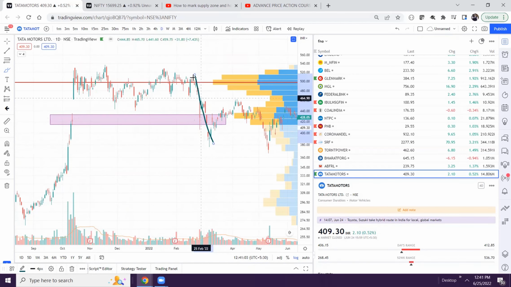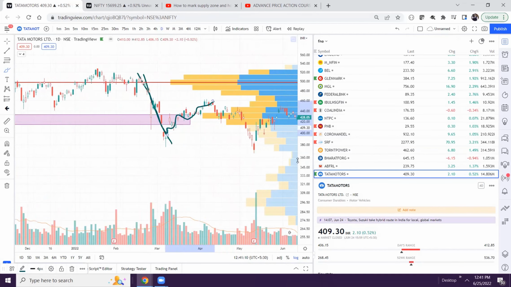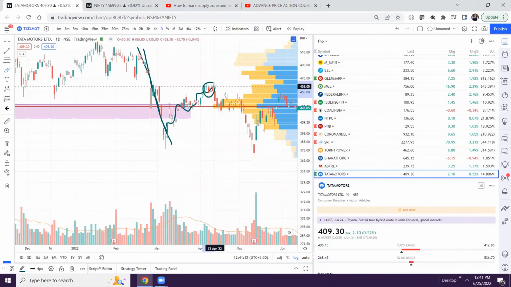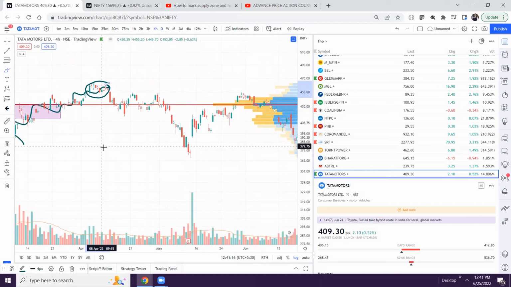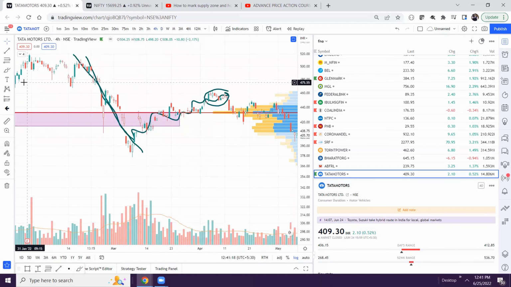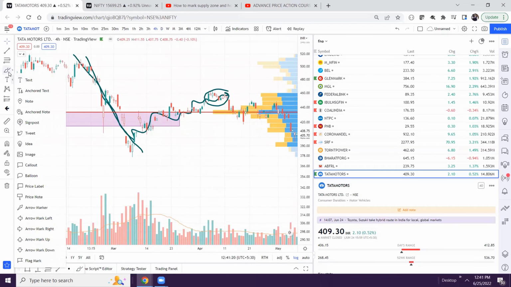What it means, see, now this is a fast movement and then a slow correction, and you can see at this point there must be one supply zone. Let me go to the 4-hour. So you can see there is a supply zone here.